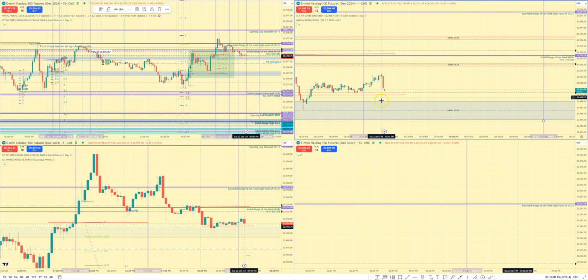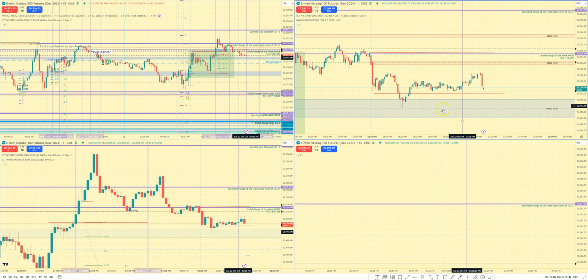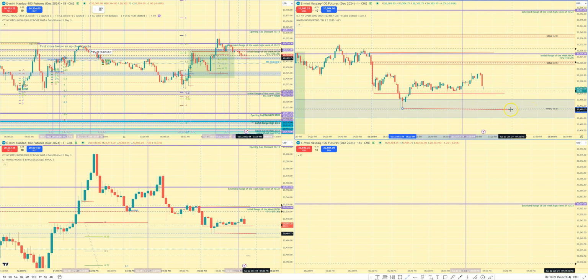If it drops, boom, boom, and then I'm gonna also mark this here because that's what I got on setting. This low is here as well. Just gonna mark it. There we go, we have it being a hit.